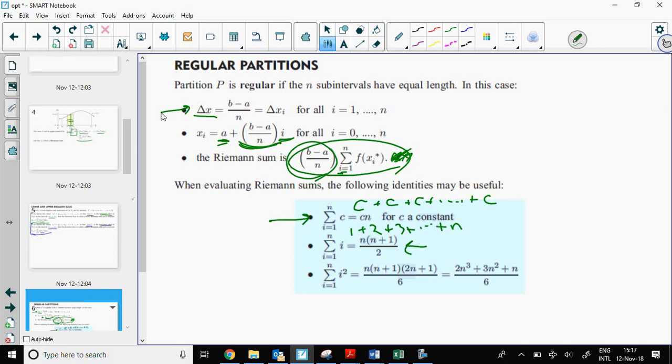It's that. The third one, okay, this is more challenging, and I don't expect any of you to just happen to know this. There's no reason to. Again, this is asking us for the sum of squares. Well, okay, it's 2n cubed plus 3n squared plus n, over 6. There it is.